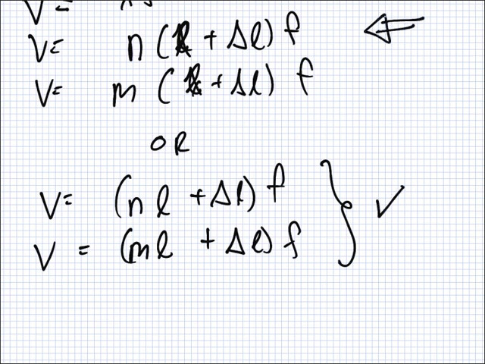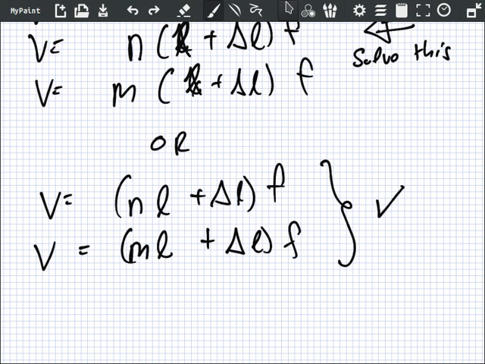I think this is wrong because imagine you try to solve this. You'll find that V equals 0 and F equals 0 is a solution. If you don't know V and you don't know F, that will be a solution.